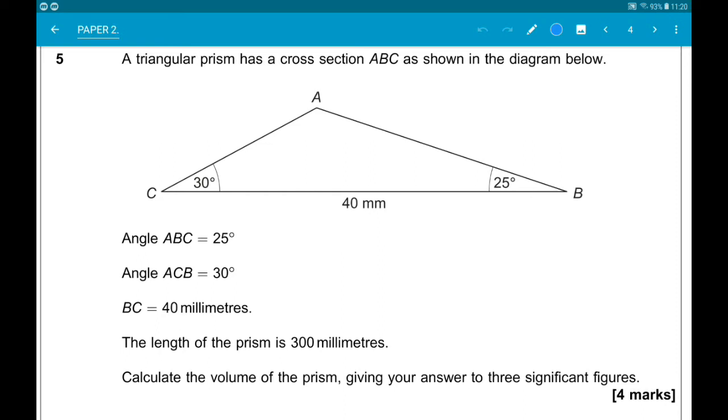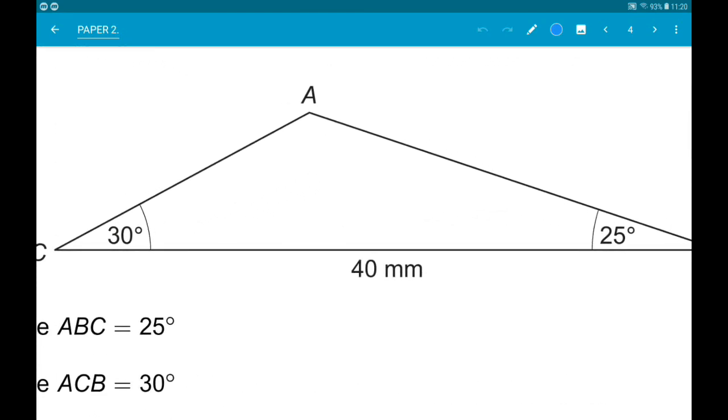We obviously don't know the height, so all we're going to need is 2 sides coming out of an angle and then use trig area. So, first thing we can do is find the angle at the top of the triangle. So that's going to be 125.